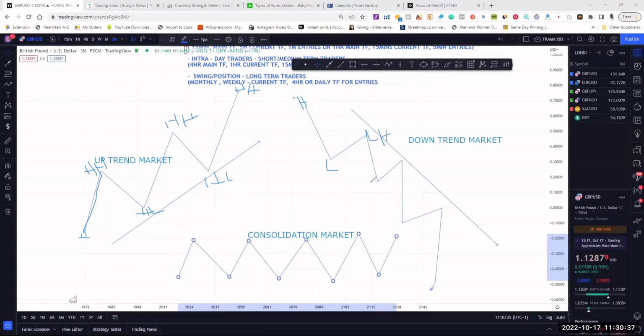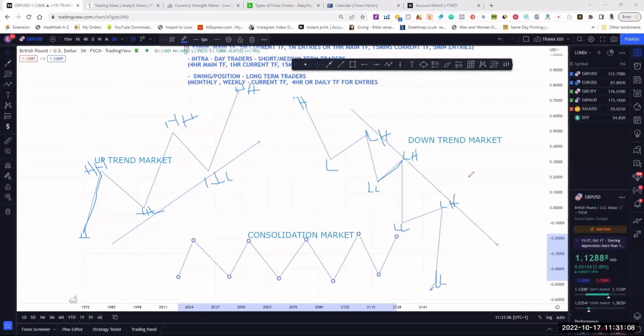And then it pushes down to create a lower low, and pushes back up as a retracement to create a lower high, and pushes back down to create a lower low, and pushes up again to create another lower high, and pushes down again to create a lower low. That's where we see a downtrend. This is the structure of a downtrend. So a structure of a downtrend is a lower high, lower low, lower high, lower low, lower high, lower low.